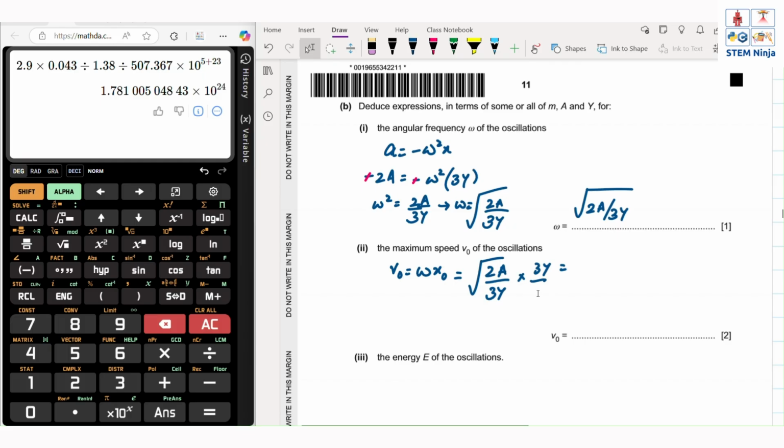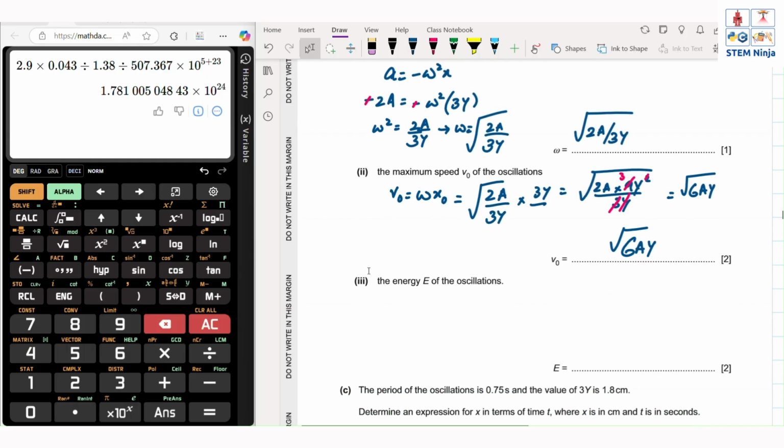We can make this 9y squared, so 2a times 9y squared over 3y. Now we can cancel a few things: 3 times 3, y cancels with y. So you have 2 times 3, 6ay, all under root.